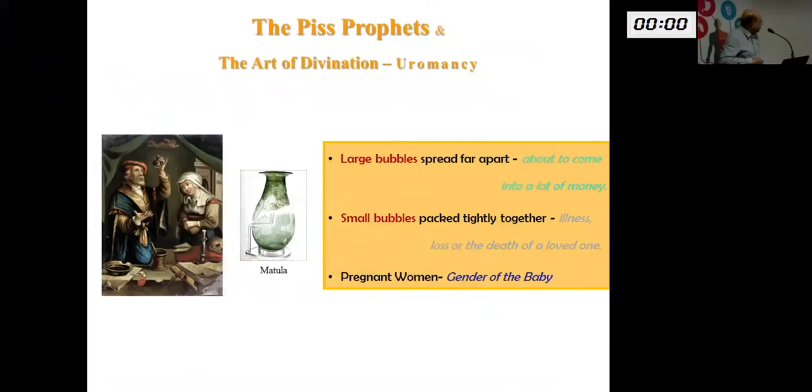This nephrologist is looking at the urine, obviously of this woman, probably predicting the gender of her baby, or if it had small bubbles packed tightly together, an illness or probably death of a loved one, or if there were large bubbles spread far apart, probably it was predicting that she was coming into a lot of money.